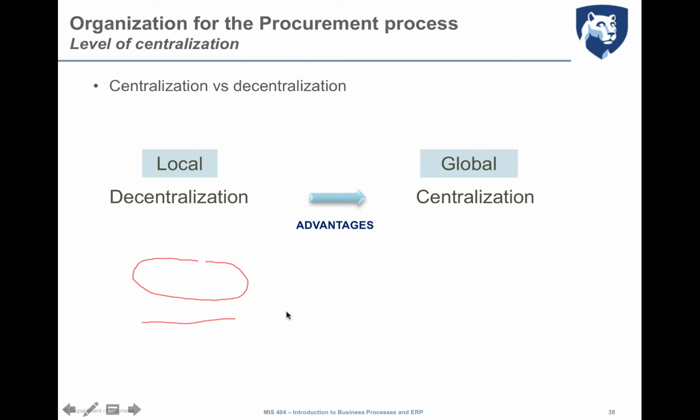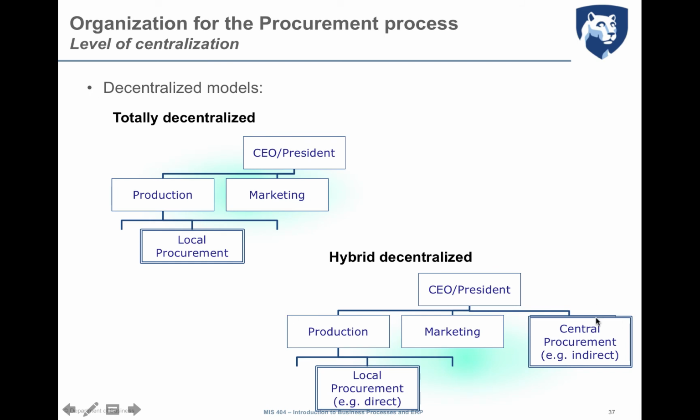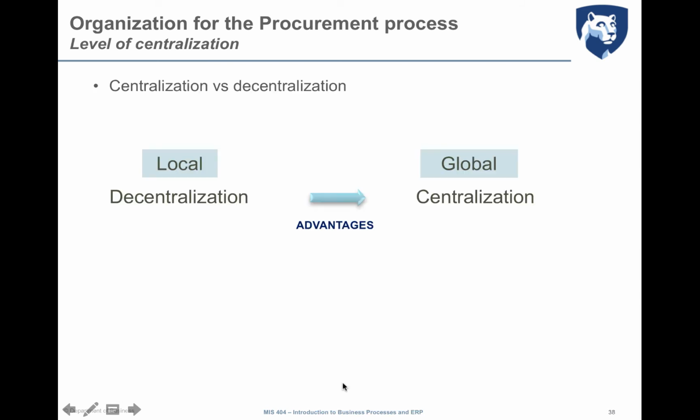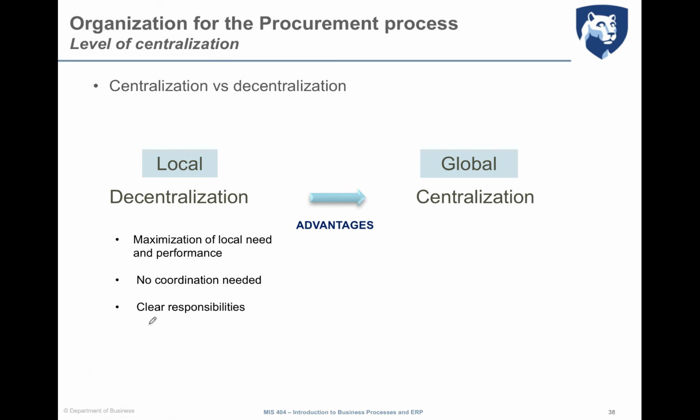Look at the previous model: central procurement manages indirect purchasing and local procurement manages direct purchasing. Clear responsibilities are defined, so in the company it is very evident who is managing what.